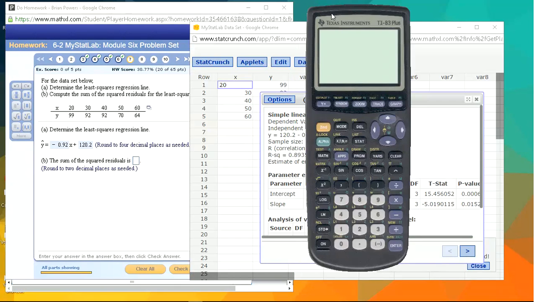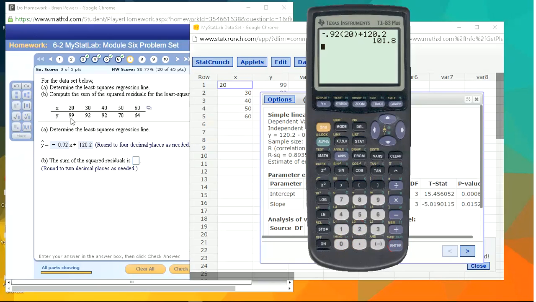So for example, let's calculate a residual. Take this first data point, 20. What would the model have predicted? Let's just punch in negative 0.92 times 20 plus 120.2.